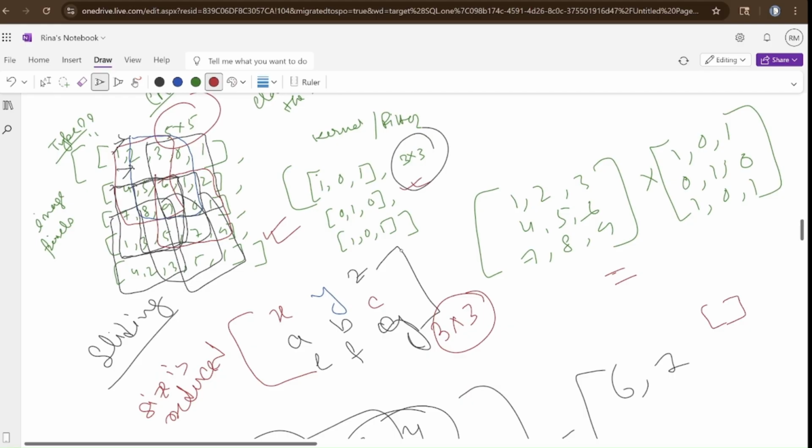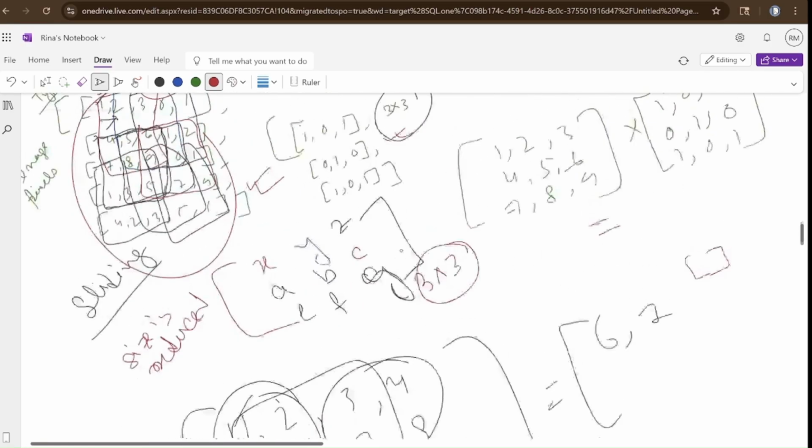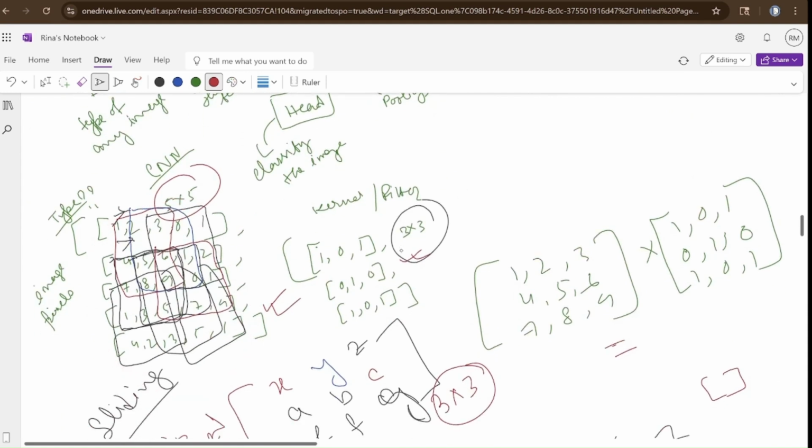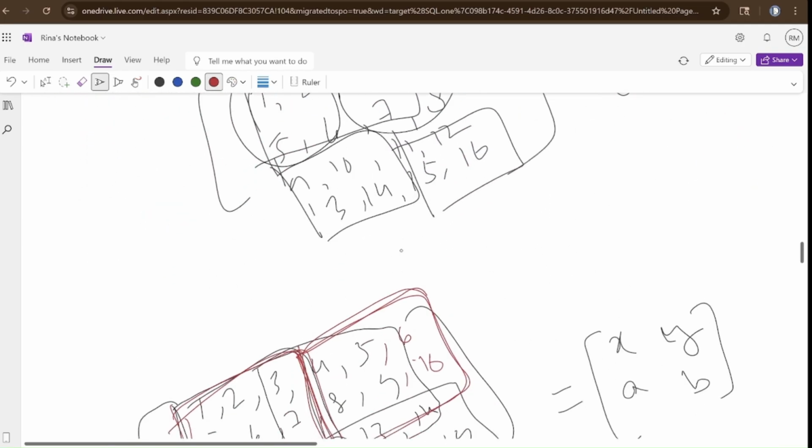So I don't want that. I want the same size, like 5 into 5 only. So what you can do, you can give a border like this and keep them as 0. 0 has no value, so it will not change your image. But while performing operations, let me draw one for you.